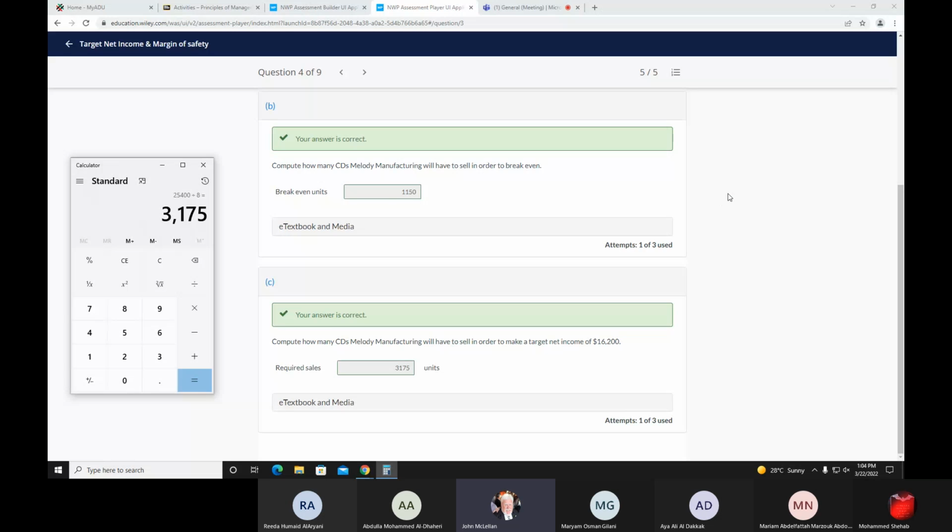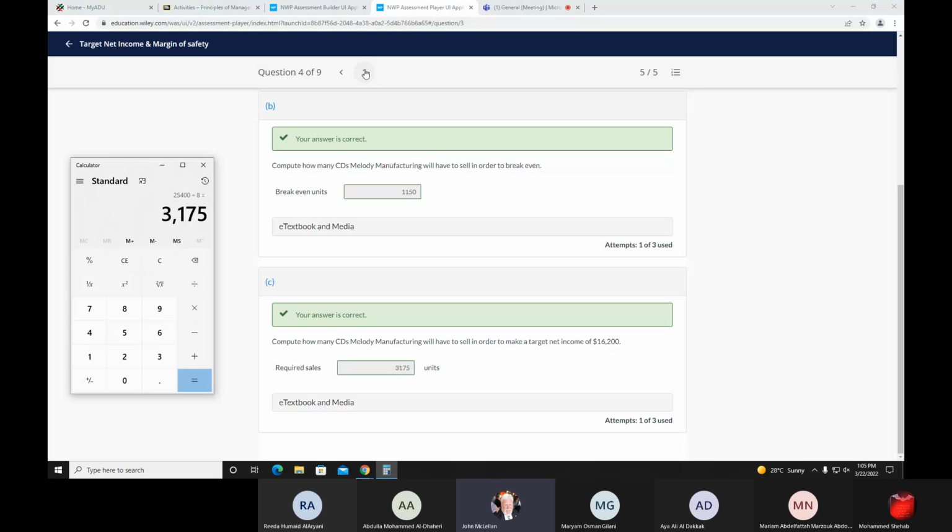The first one. You have sold for 20, contribution margin ratio is 40, so the variable cost ratio is 60. So if the selling price is 20 and the variable cost ratio is 60, you multiply that.